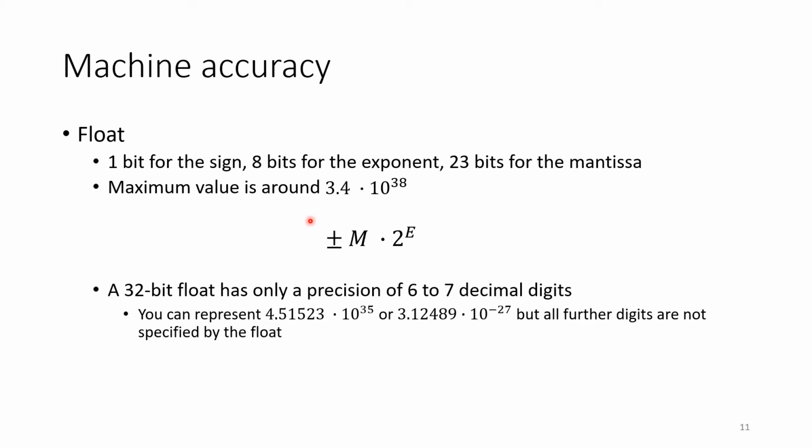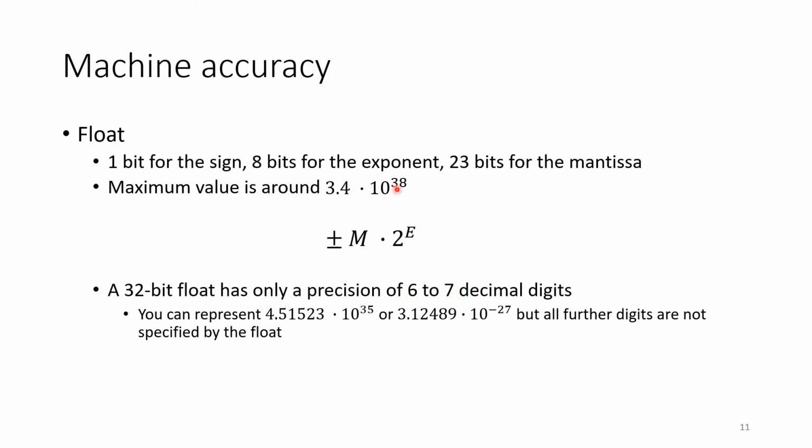And so the maximum value we can still save is 3.4 times 10 to the power 38, which is larger than what we can do with integers. But with just 8 bits for the exponent and 23 bits for the mantissa, we cannot, of course, save every decimal position, because you only have roughly 6 to 7 decimal digits.